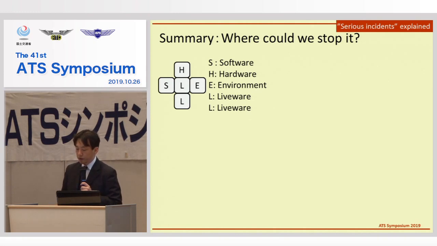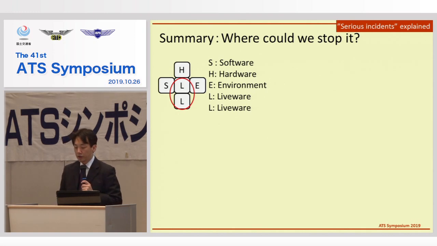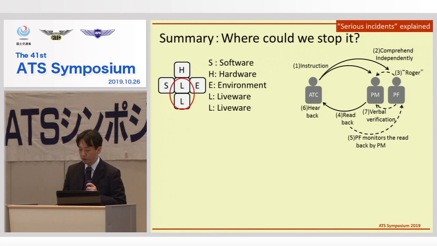But if you remember the SHELL model by Frank H. Hawkins, the Civil Aviation Bureau can only change the S and H parts of the SHELL model, software and hardware. And it is the liveware-liveware interface where pilot-controller communication error happens. As far as I know, there is only one measure that can be taken to improve this liveware-liveware interface. That is strict adherence to communication procedure.